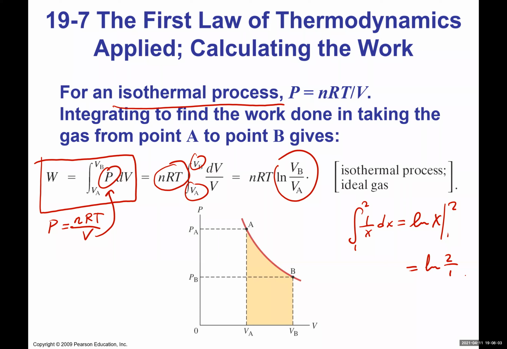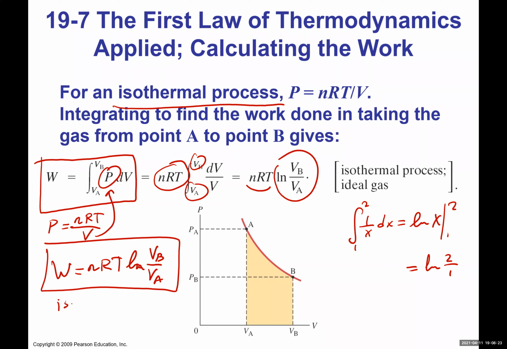Okay. So our equation becomes nRT times ln of VB over VA. That's for the isothermal process. That means the work done is equal to nRT ln of VB over VA only for the isothermal process.